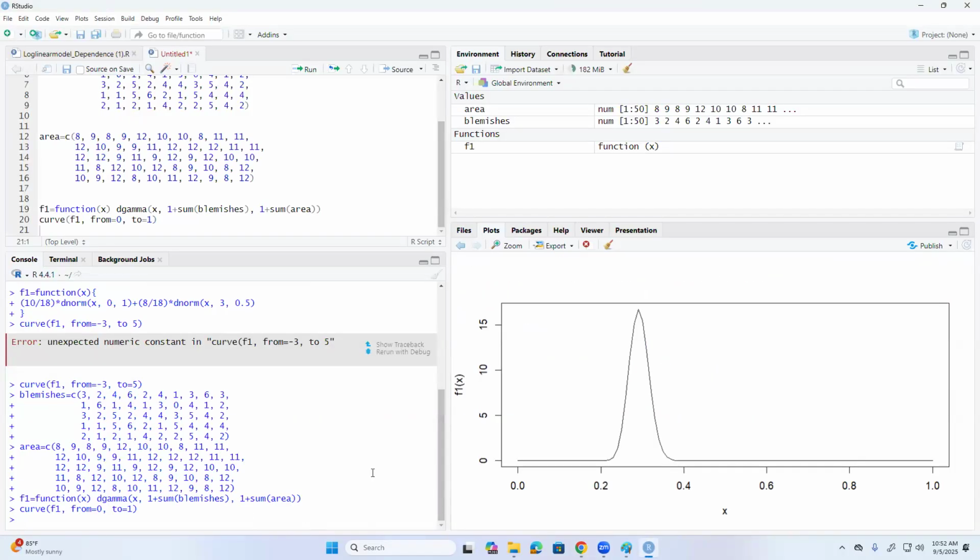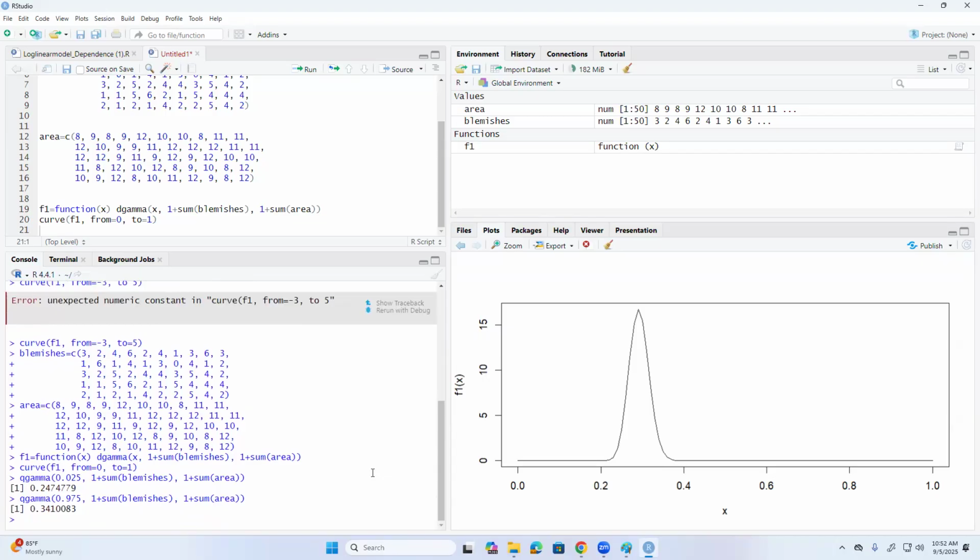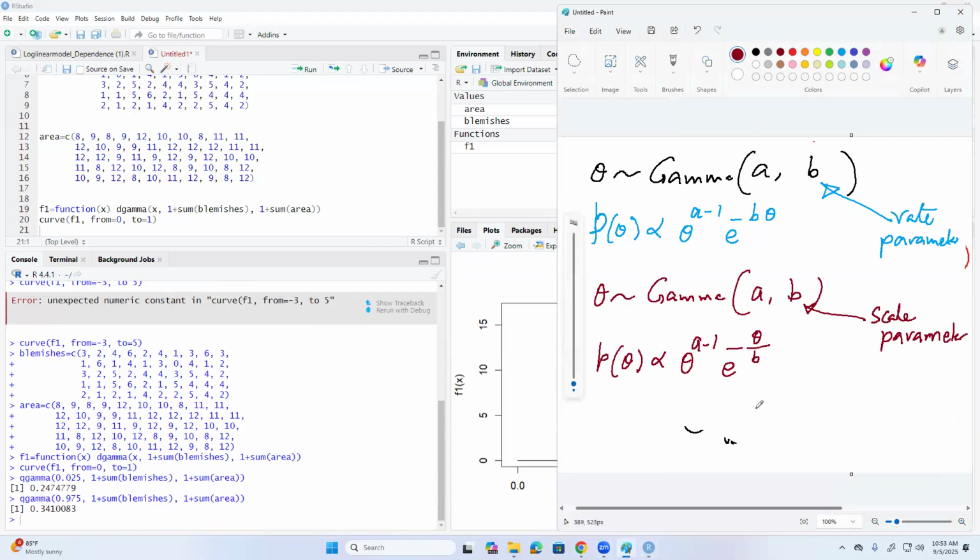For this posterior distribution, I can calculate qgamma at 0.025 and 0.975. They are 0.25 and 0.34. So what is the meaning of that?